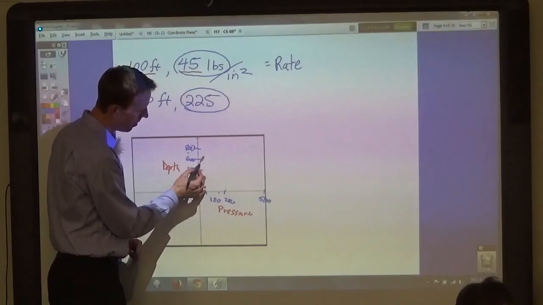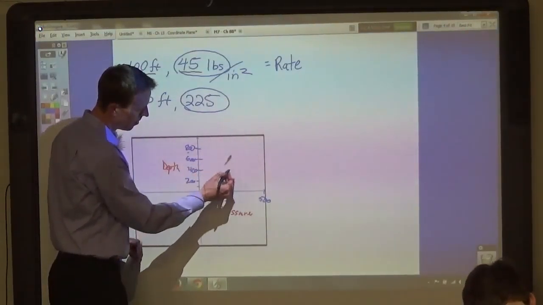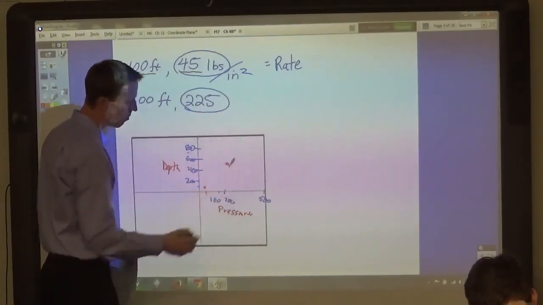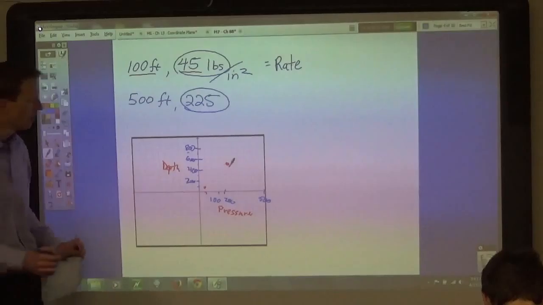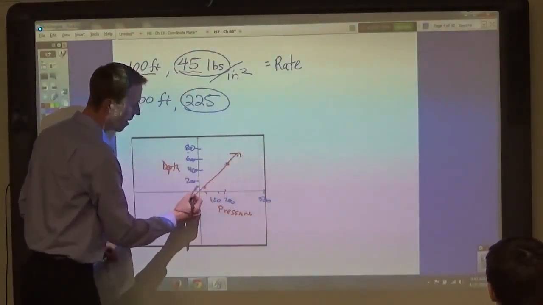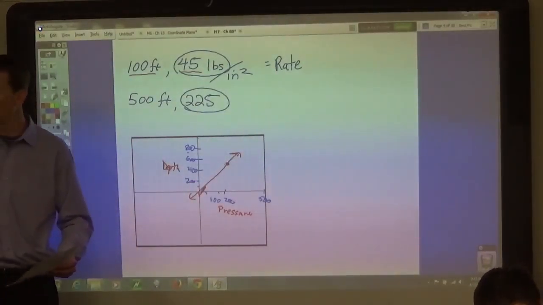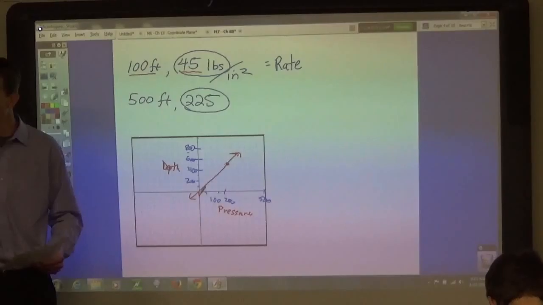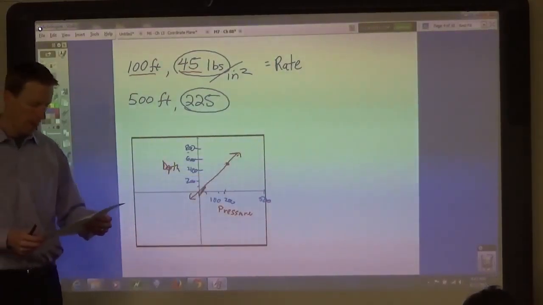So 500, 225. So about there, right? Okay. So then at a depth of 0, the water pressure would be 0, right? So does this line make sense? Yeah. Yep.